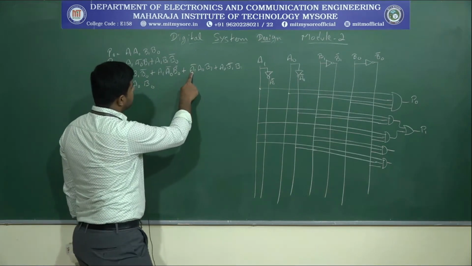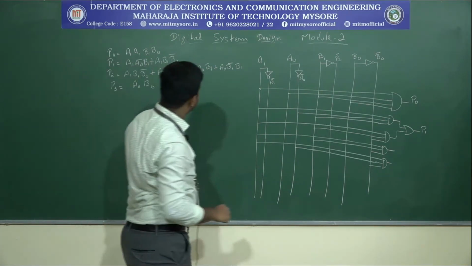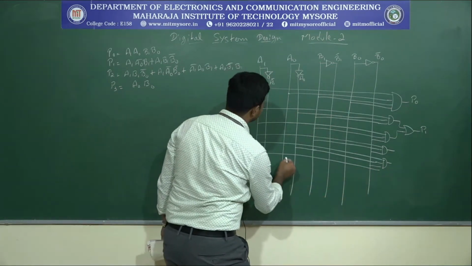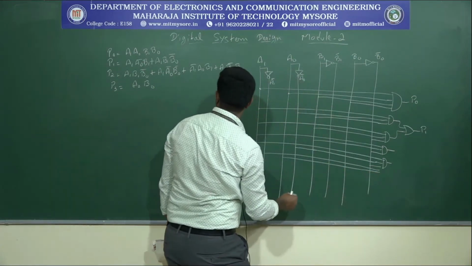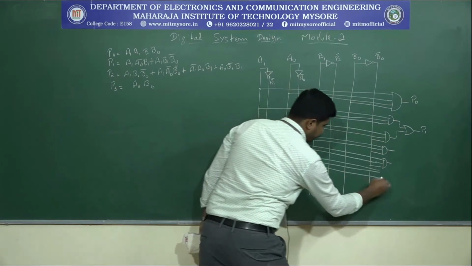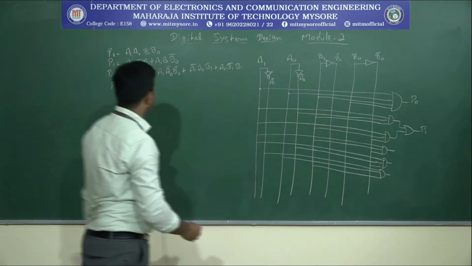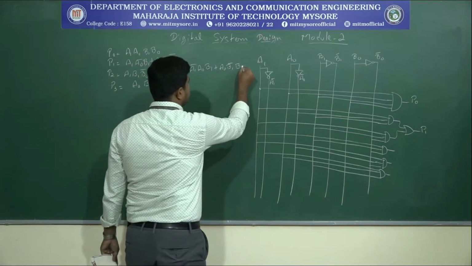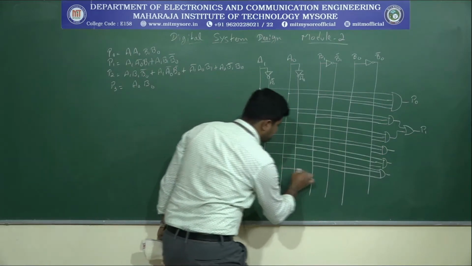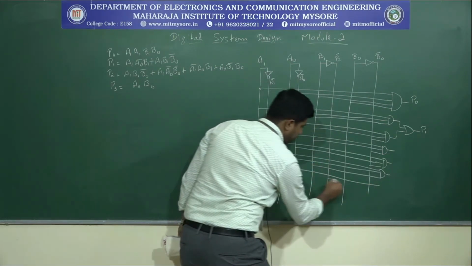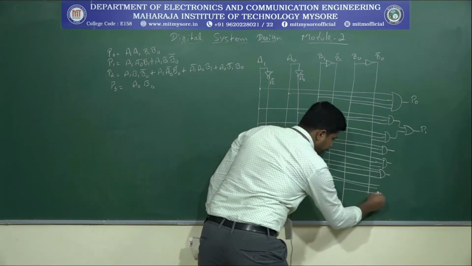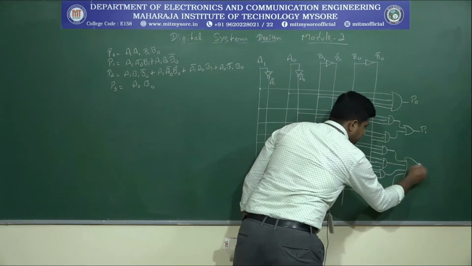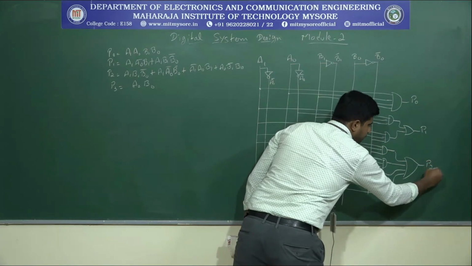Next A1 bar A naught and the B1, these 3 will be ANDed, and next is A naught B1 bar, and B naught. These three are ANDed, and all these are ORed, and that is going to give the P2.